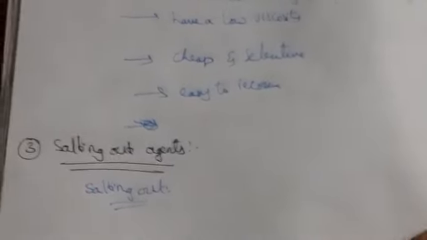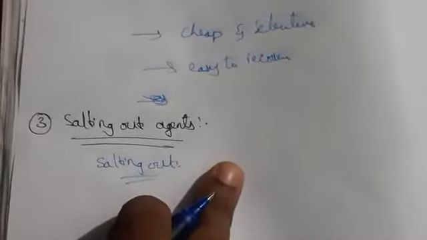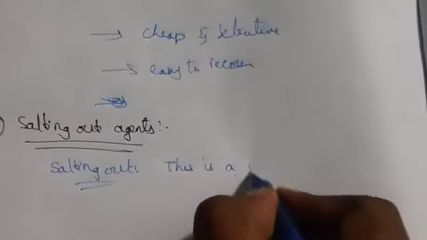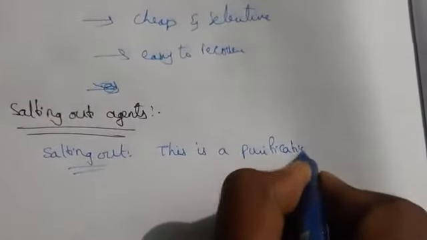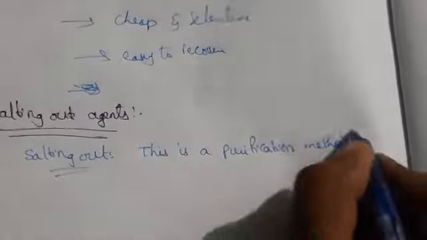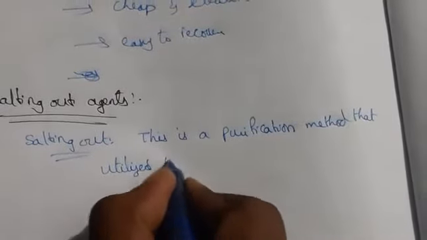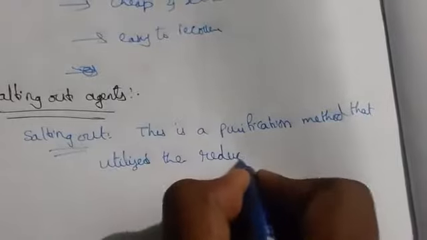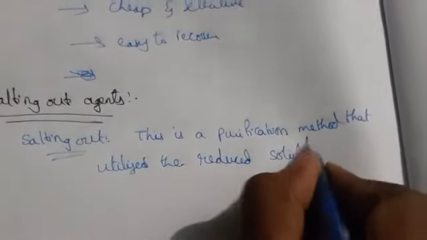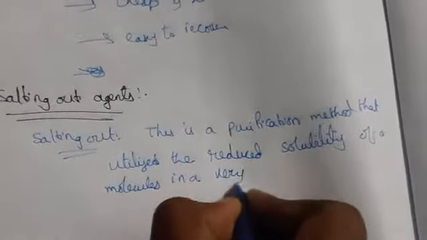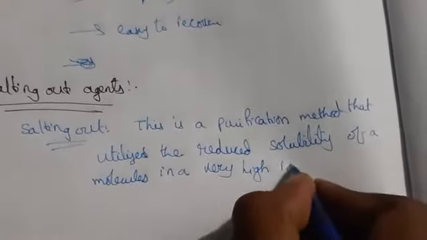We can take d-block elements, which act as metals. So coming to the salting out definition first: salting out is a purification method that utilizes the reduced solubility of molecules in a very high ionic strength.